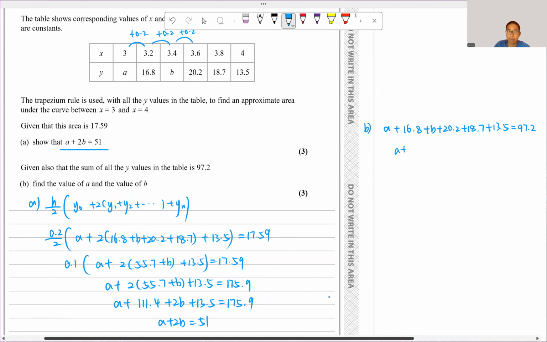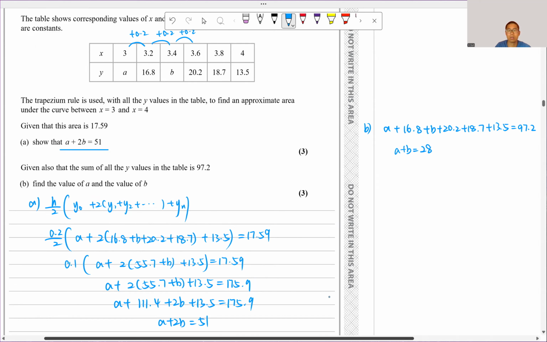So that means a plus b is equal to 97.2 minus 16.8 minus 20.2 minus 18.7 minus 13.5. That's equal to 28.